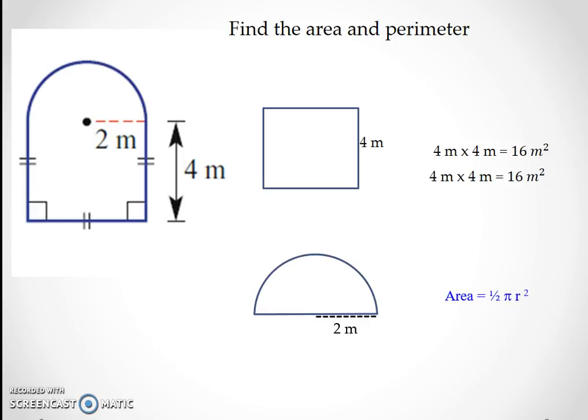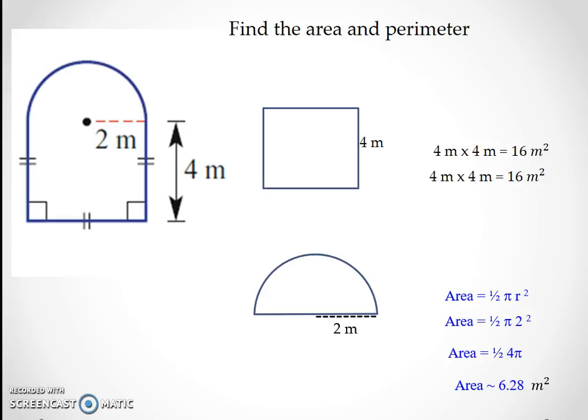In this case, it's going to be pi r squared, but half of it, because we want to find only half the area. Area is half pi. Now we put r in as 2. Area is half 4 pi, which is approximately 6.28 meters squared.